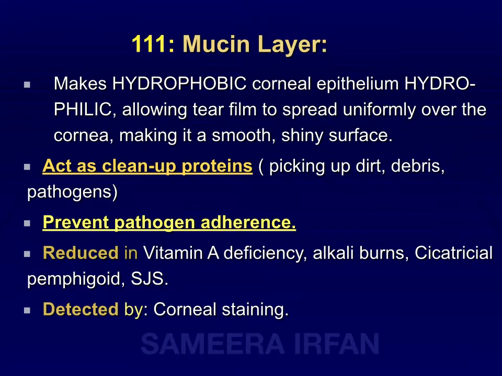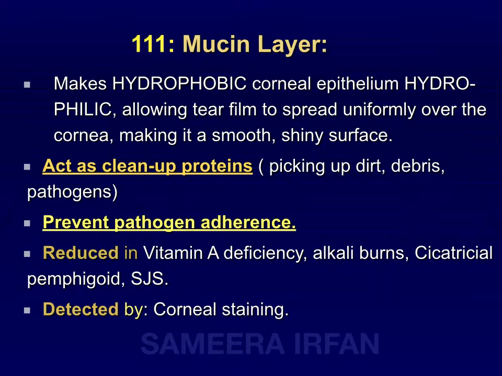So the third layer of the tear film is the mucin layer, which is produced by the goblet cells of mainly the conjunctiva but also the cornea, and that mucin makes the hydrophobic corneal epithelium hydrophilic. These mucins are present as free molecules inside the aqueous layer of the tear film, and they act as cleanup proteins.